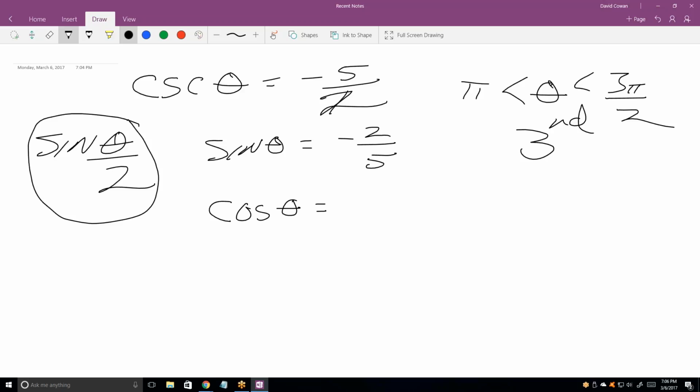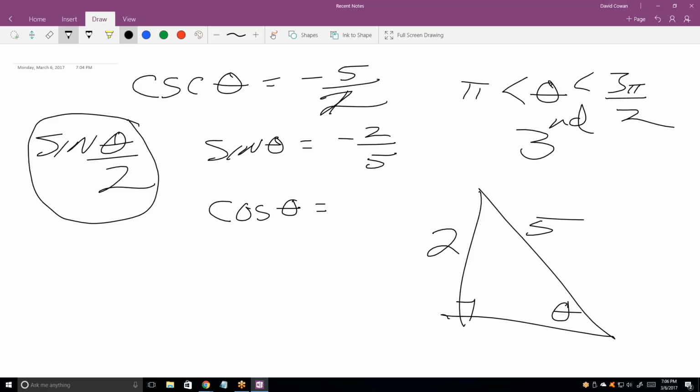Well, you have to draw a triangle. And label theta. And sine opposite is 2. And the hypotenuse is 5. Which makes the adjacent side root 21.